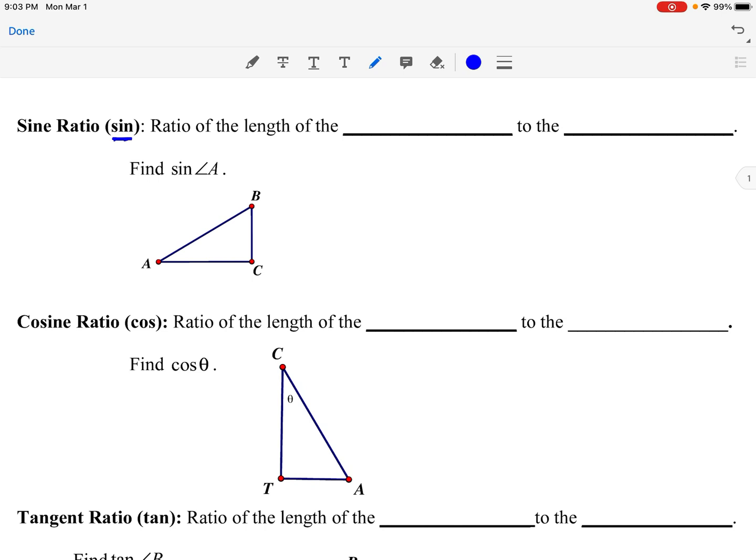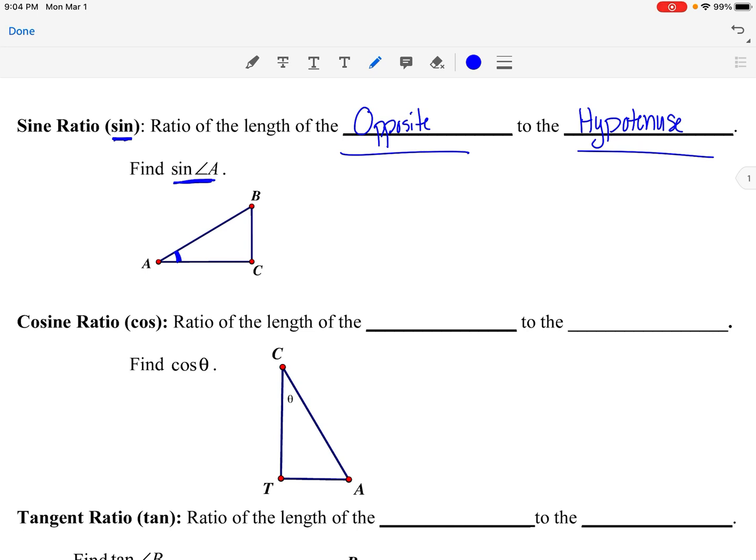The sine ratio is the ratio of the opposite side and the hypotenuse. When you're looking at a triangle and it says find the sine of angle A, you first have to identify where angle A is, and it looks like that's over here. Then we look for the opposite side and the hypotenuse.